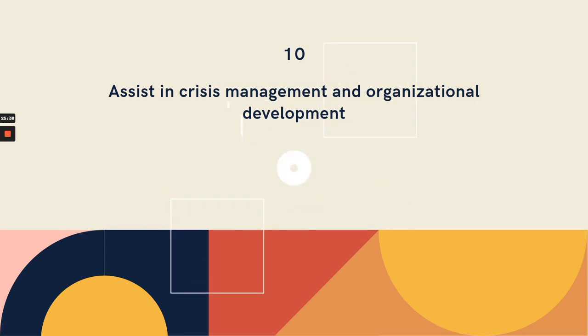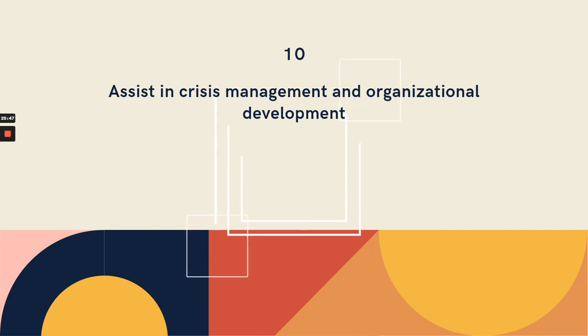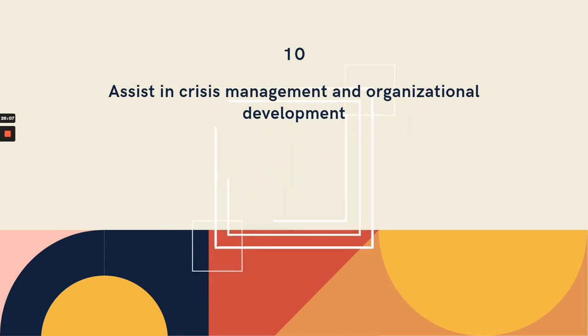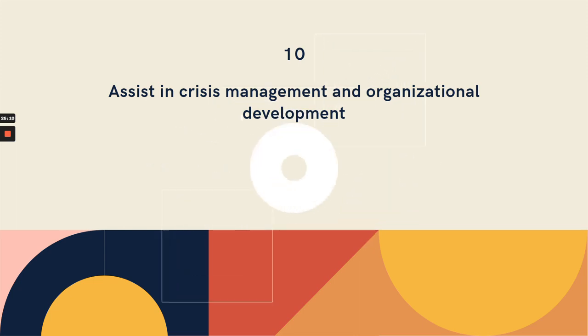Okay, so you have to assist if there's any crisis that the company is going through, if there are any problems between the management and the employees, you have to assist in how it is going to be resolved, and you also have to assist in organizational development, like if we need to hire people to do this, if we need to increase the number of people that will be doing particular jobs or particular line of work for development, then that's one of your functions. Okay, so those are the reasons why we need a personnel manager.